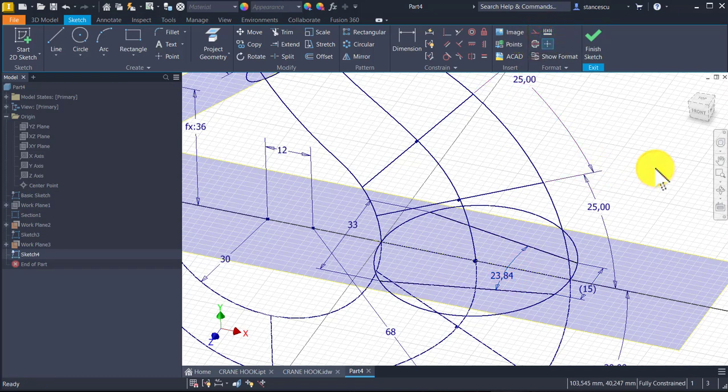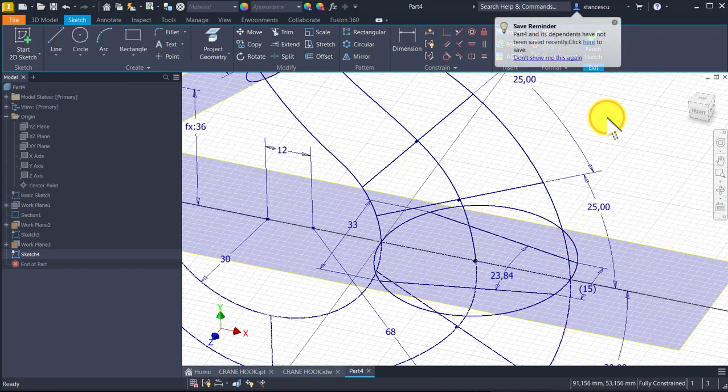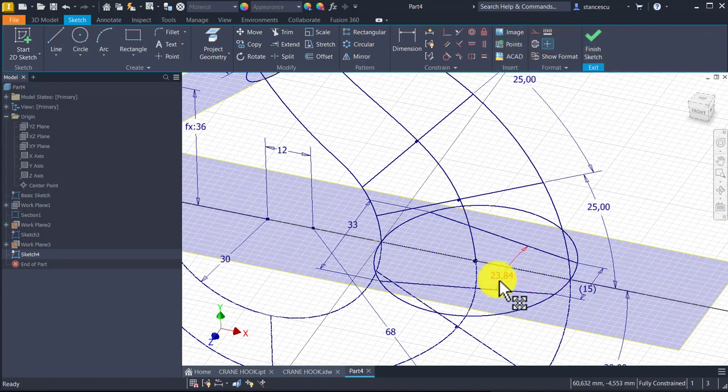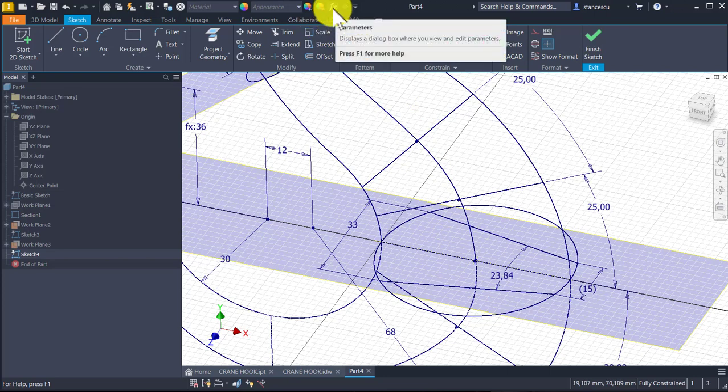Yes, fully constrained. Why should I do this? Because I want to give a name to this dimension using parameters.